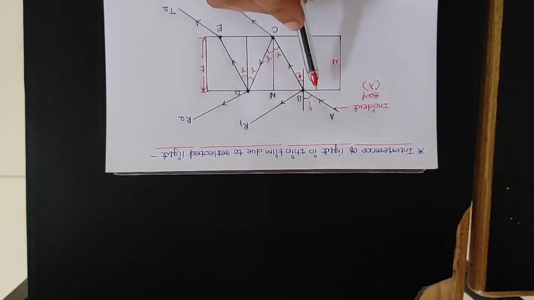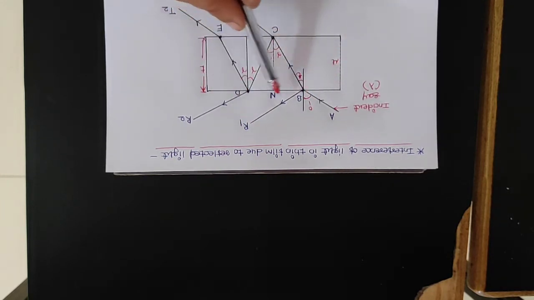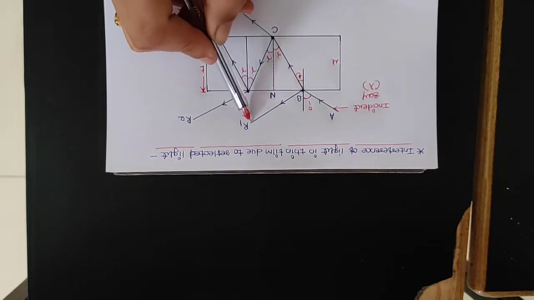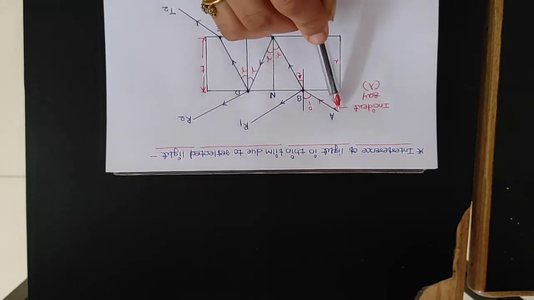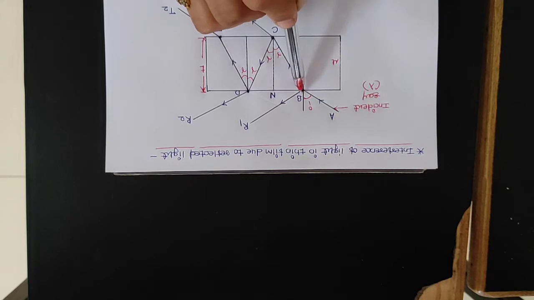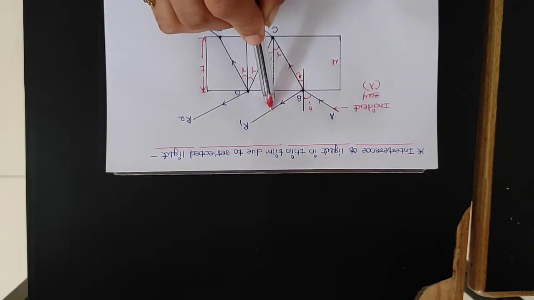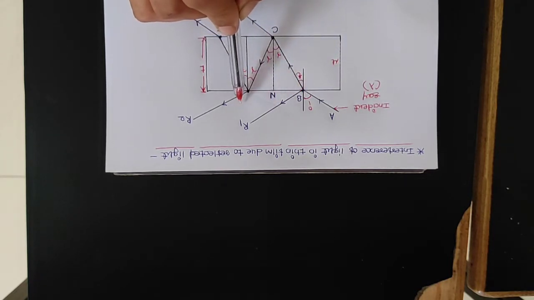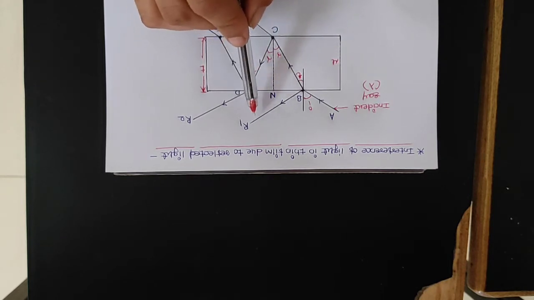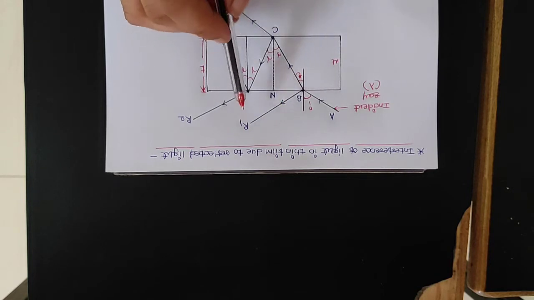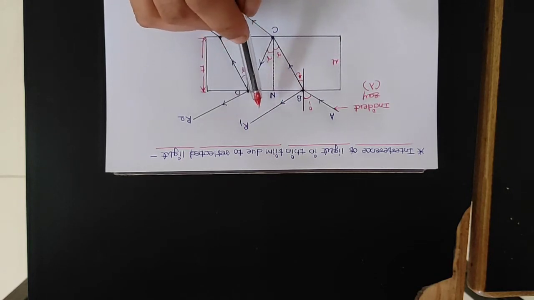Understood? Due to this reason, both the rays are coherent rays, and hence they produce interference.